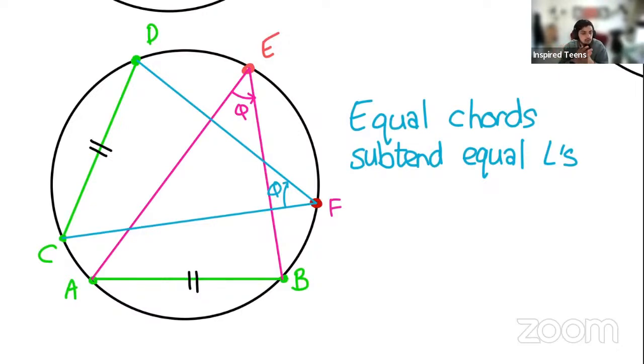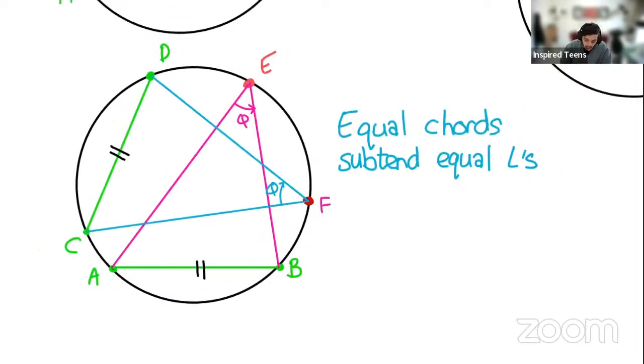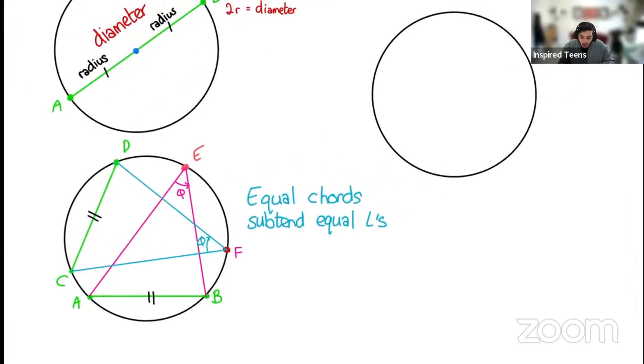If we consider the same chord, that chord is equal in length with itself. So if we do two separate chords that are equal to one another, the same concept applies: the angles which they subtend would also be equal to one another.